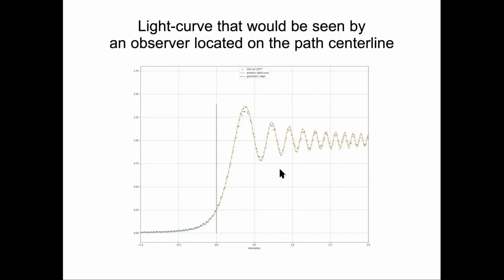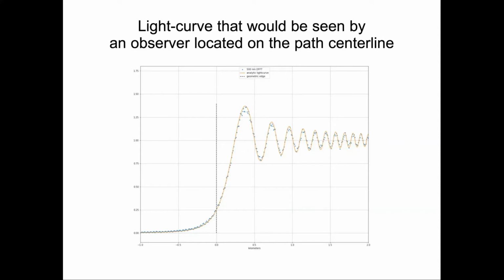So here we had a round object. It wasn't an infinite straight edge, but when you were on the path center line, you saw a diffraction curve that was the same as though the asteroid had been actually an infinite straight edge in the sky. But what happens if that object was a relatively tiny object?